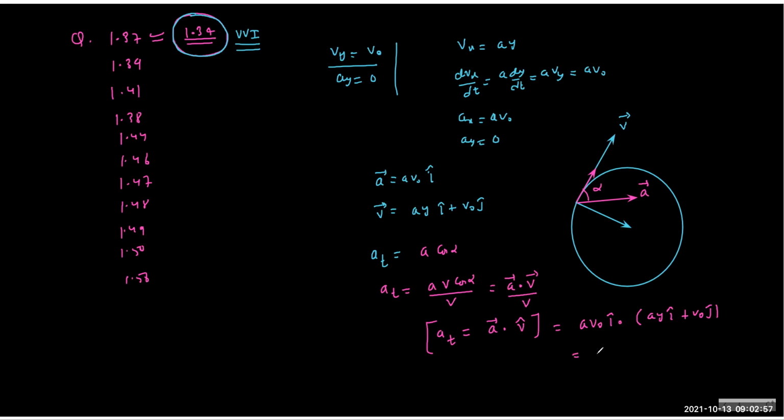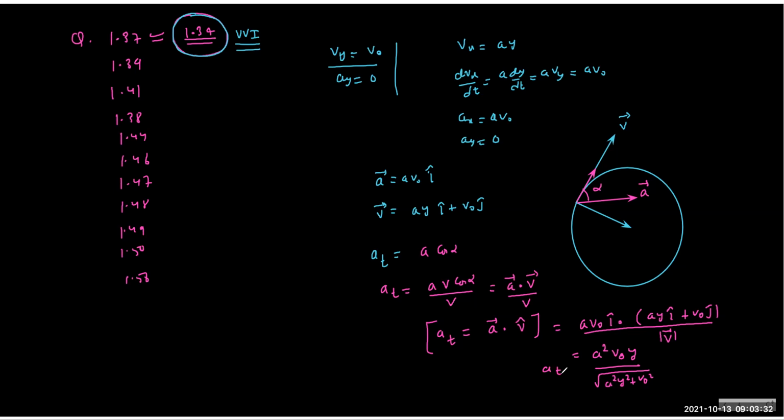So you get the answer A tangential is A square V naught Y, upon V modulus, whatever is the magnitude of V. So what is the magnitude of V? You can see that it is under root of A square Y square plus V naught square. You can see that the A tangential is very easy.